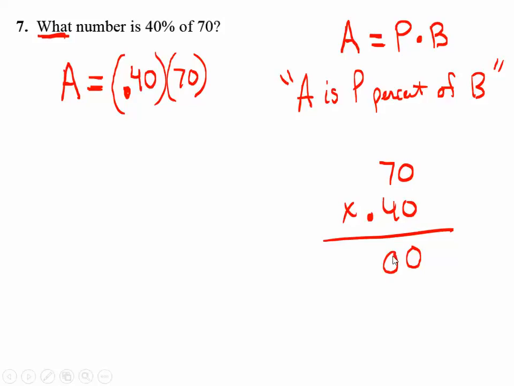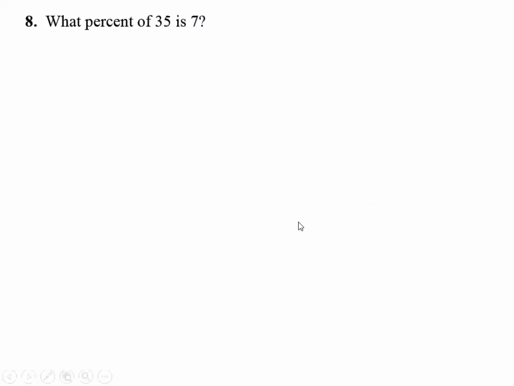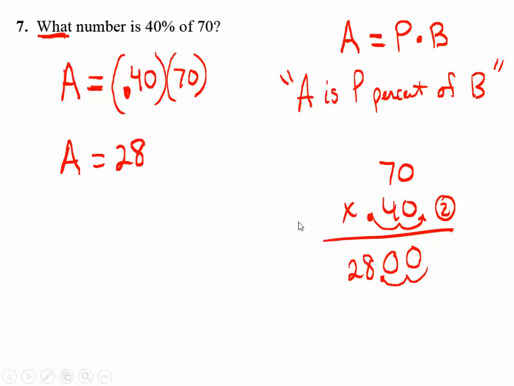And then 4 times 0 is 0, 4 times 7 is 28, and I got 2 decimal places here. Therefore, bring out 2 decimal places here, and A equals 28. We'll get into some where we have to use algebra. Do a little bit of work.